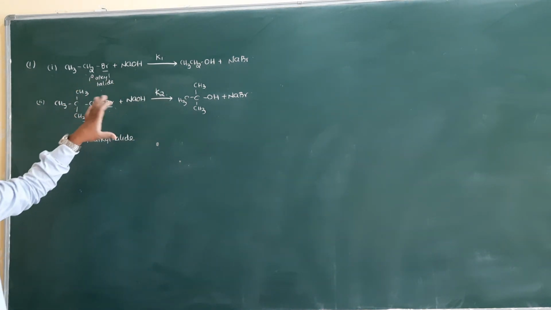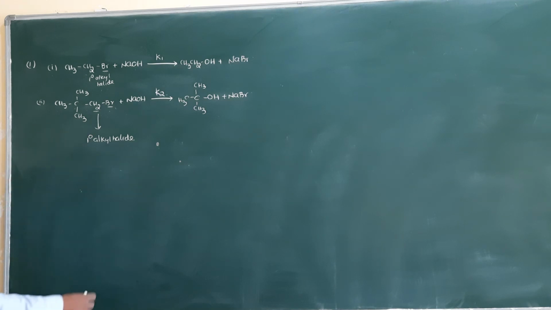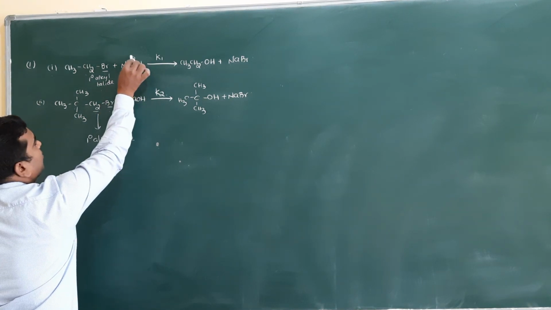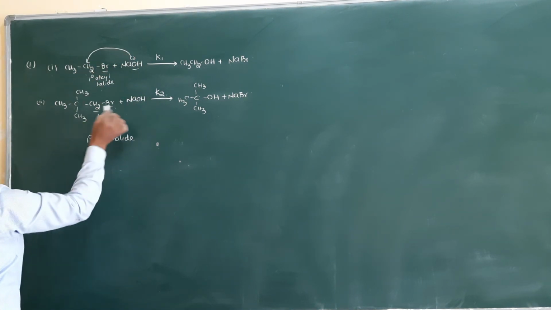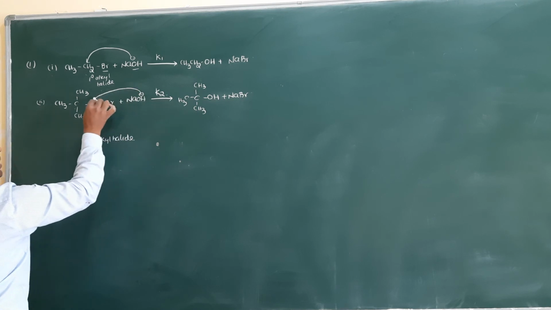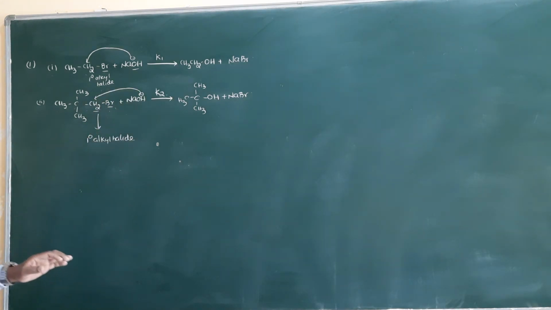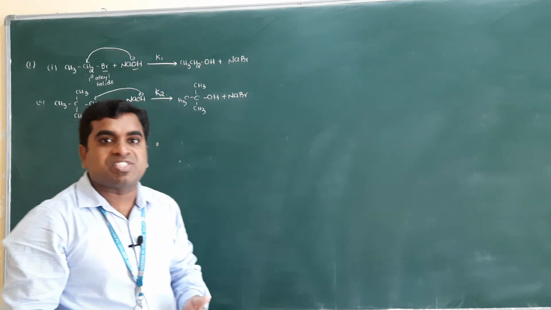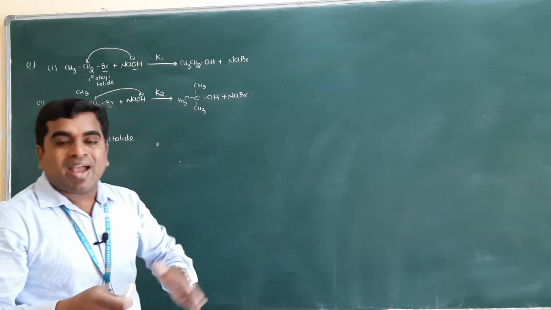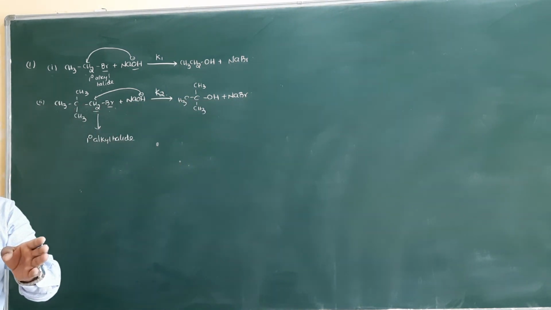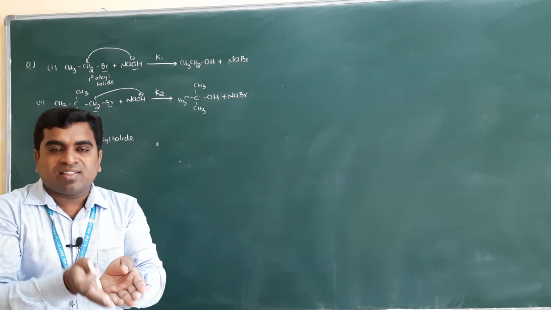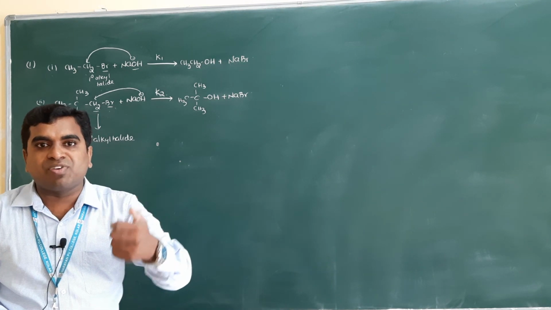So which reaction takes place very fast? Here the OH nucleophile will attack the bromine-attached carbon atom. But in an SN2 reaction, the nucleophile attacks from the back side, so the alkyl halide should be less hindered. Then only does the SN2 reaction take place very fast.